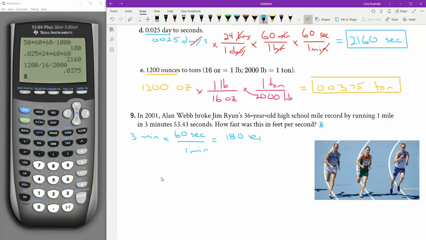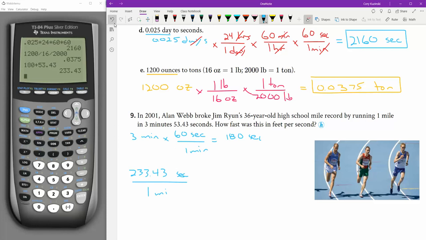So really what I'm trying to do is convert 180 plus the 53.43, that is 233.43 seconds. That's how long it took him to run this, okay? To run 1 mile. I'm trying to do it in feet per second.